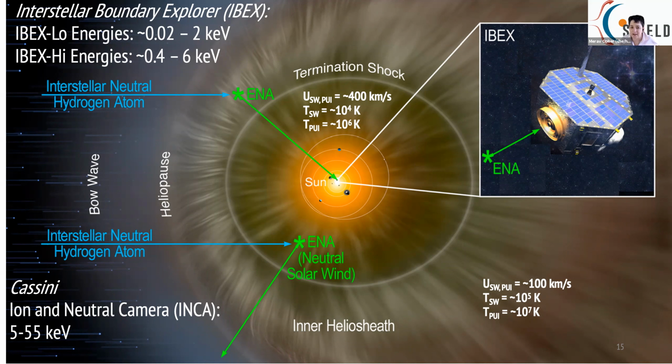The plasma that has this energy to produce neutral hydrogen is a plasma that comes from the heliosheath. So it has to be a plasma that is beyond the termination shock and is here, producing that type of energy. Cassini on board of INCA produced a neutral hydrogen with a much higher energy, 5 to 55 keV.